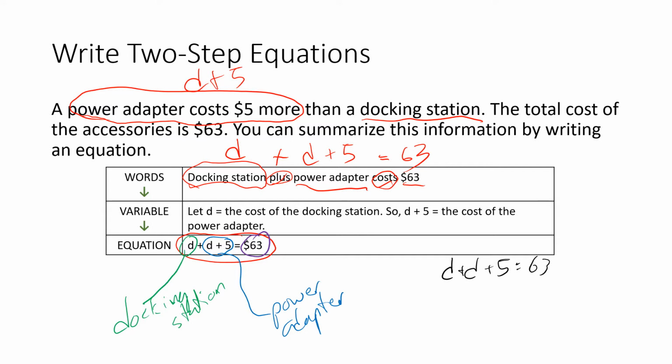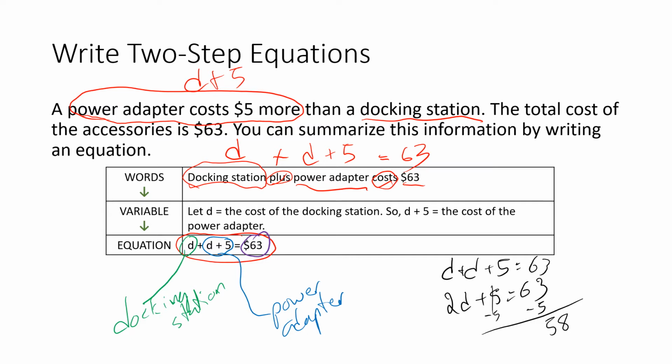So D plus D is 2D plus 5 equals 63. We're going to subtract the 5 first. Remember, when we're undoing an equation, we go in reverse order of operations. So we're going to subtract 5 from this side, subtract 5 from that side. So 63 minus 5 is 58.